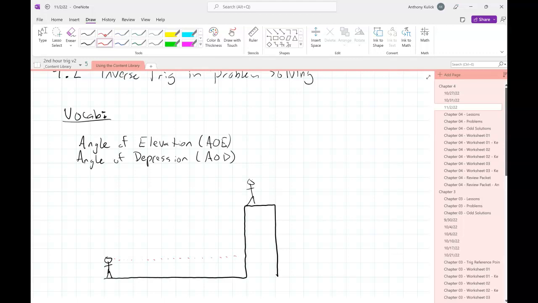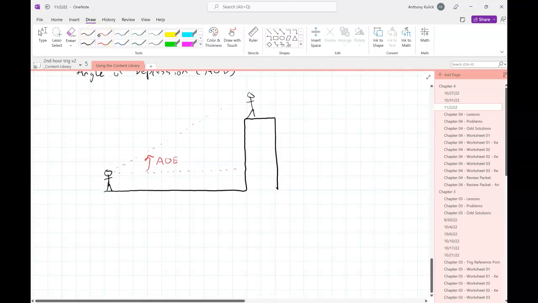If I then lift my head to look up at that person on the top of the building, that angle that I formed here is an angle of elevation. Why is it elevation? Because I'm lifting my head up to look at them. Everybody agree with that? Sure thing.